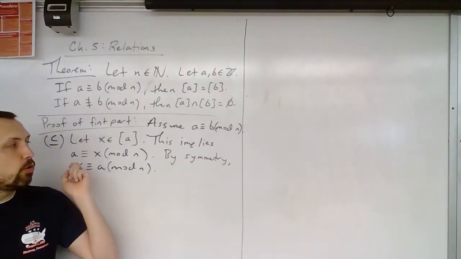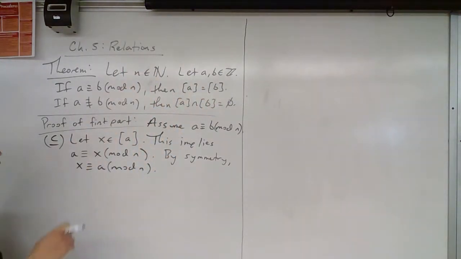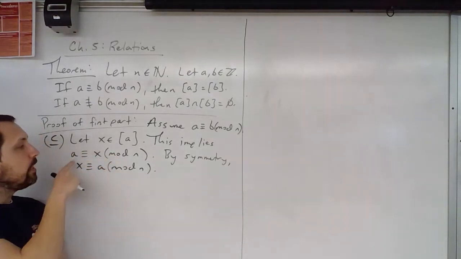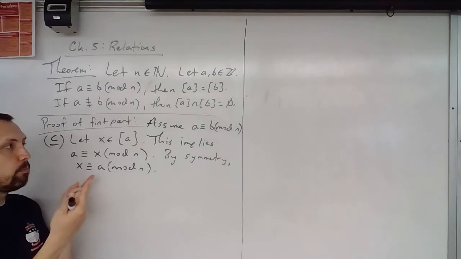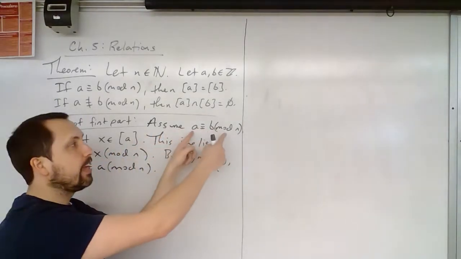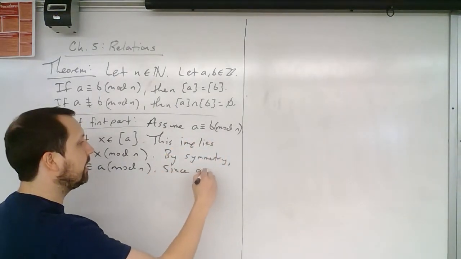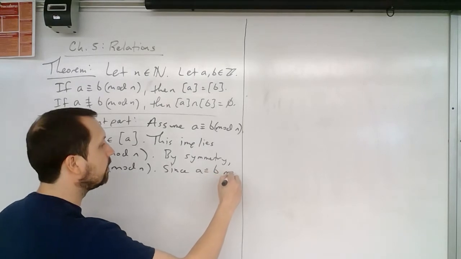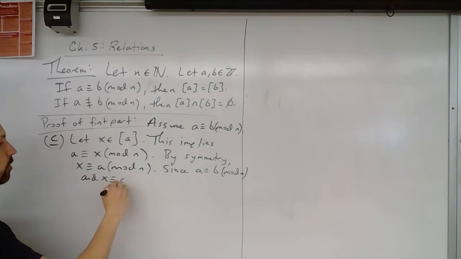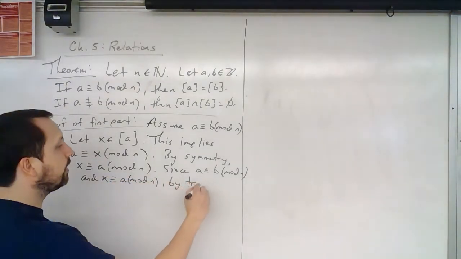Well, because our goal is to show that x is in the relation class of b. That means we have to show that b is equivalent to x mod n. So if b is equivalent to x, we have to be able to get b present. Well, the only way that we can connect x and b is by using this with this. So since a is congruent to b mod n, and x is congruent to a mod n, by transitivity, x is congruent to b mod n.